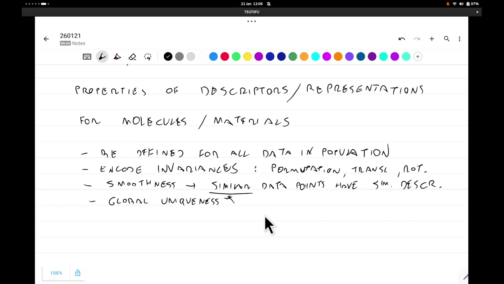But if you are evaluating a ground state property, you don't want your machine learning model to try to understand the slight difference between the possible different inputs while you're still representing exactly the same molecule. This is why the global uniqueness has a star. It depends on the problem.